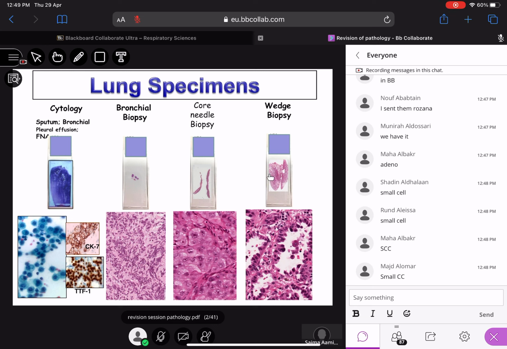Then, through open thoracotomy, you can take wedge biopsies, and in wedge biopsies, you can clearly see the tissue architecture. So can anybody tell me what is the diagnosis in this? It's very, very clear. Adenocarcinoma, exactly. You can see back-to-back arranged glands lined by atypical epithelium.